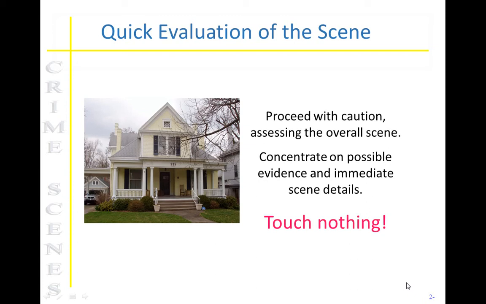And in the process of doing this, it's going to be necessary in some instances to control any dangerous situations or persons. So essentially, they're going to be assessing the overall scene to determine the safety of the scene, but also the conditions of the scene so they can determine how much area will actually need to be examined.